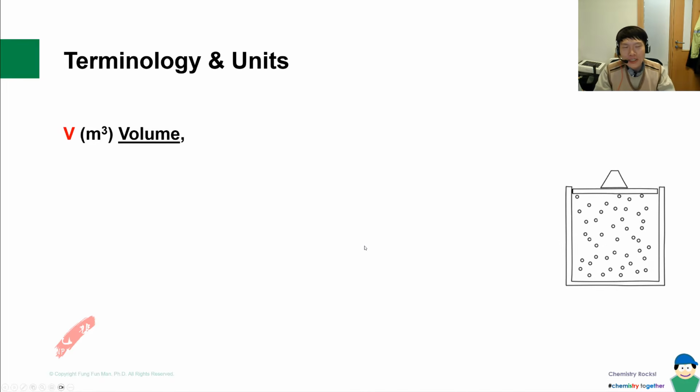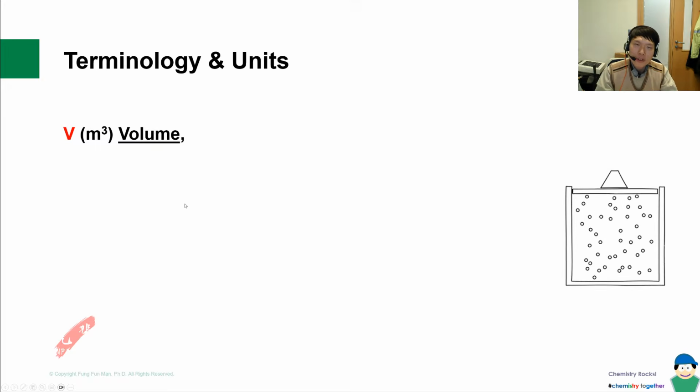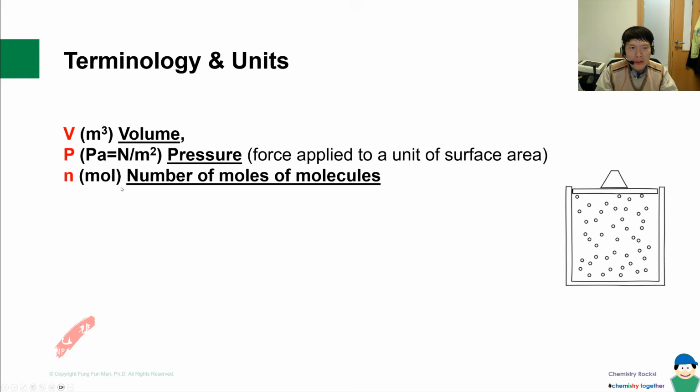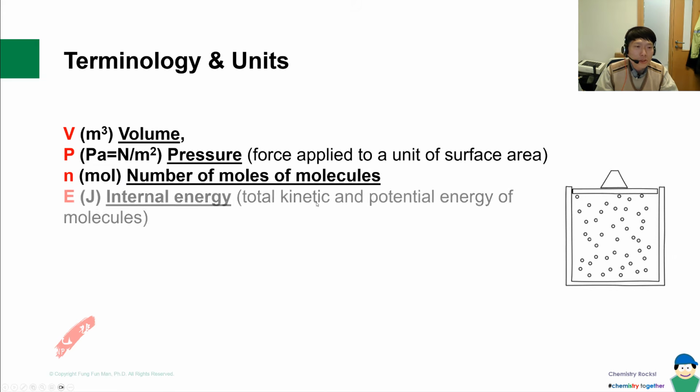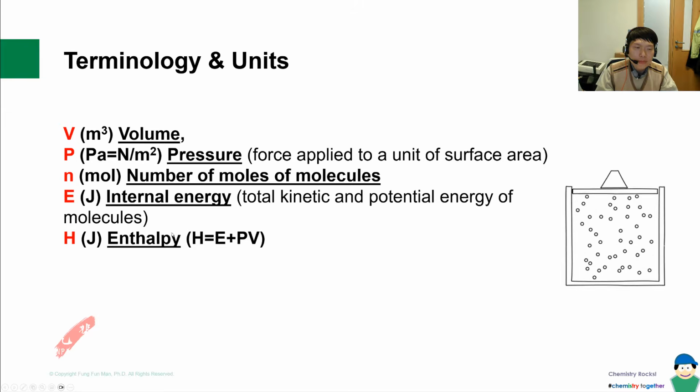Okay, so first and foremost, here is the terminology and units in this topic, which you will encounter a lot. Volume uses the SI unit, cubic meter. P is pressure; the SI unit is the pascal, equal to 1 newton per square meter. Small n is the number of moles, no change. E stands for internal energy in joules, the sum of kinetic energy and potential energy.